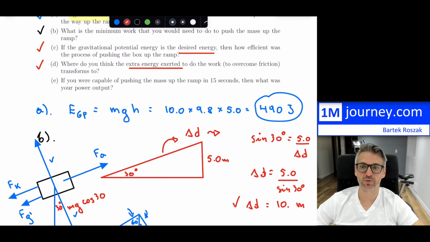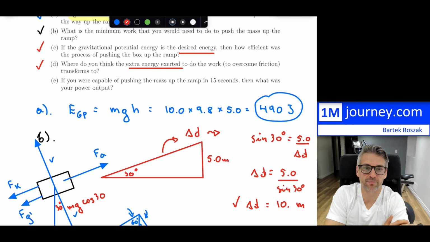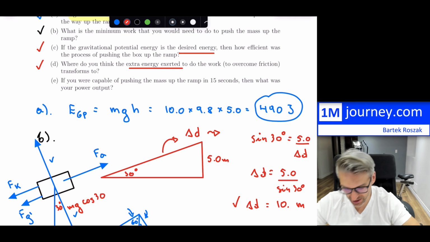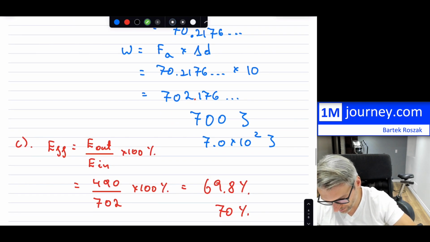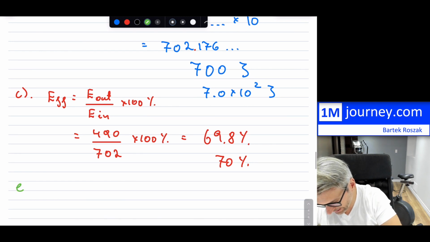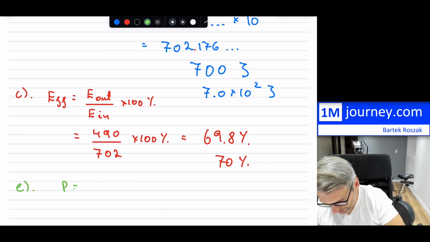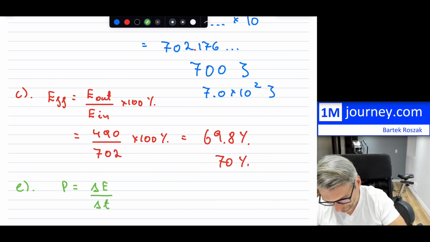Now, if you were capable of pushing the mass up the ramp in 15 seconds, what was your power output? Well, that's pretty good. It tests our understanding of power. So this would have been part E. Power is equal to the amount of work or energy, so the change in energy over the change in time, or in other words, the work over time.